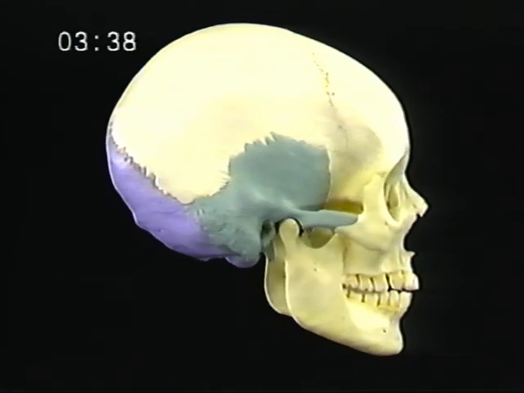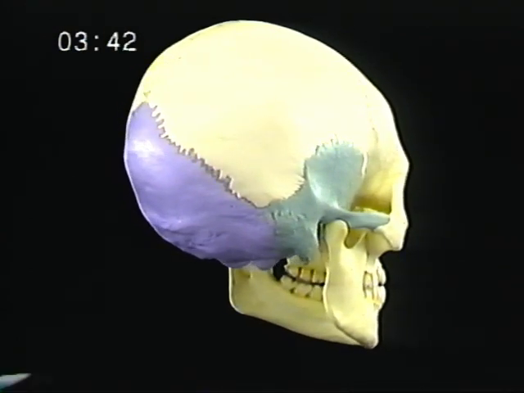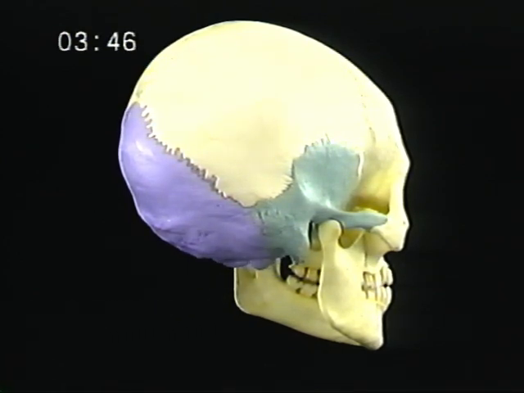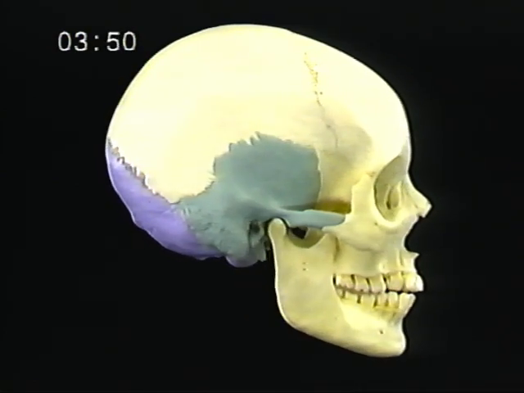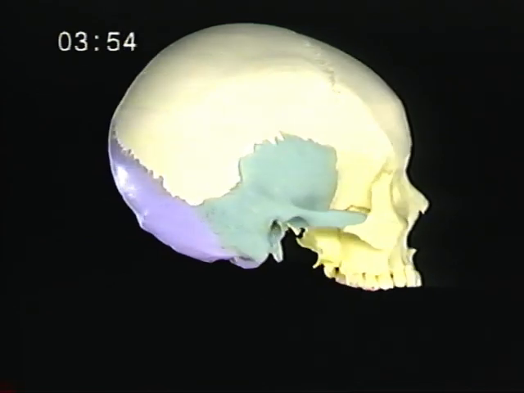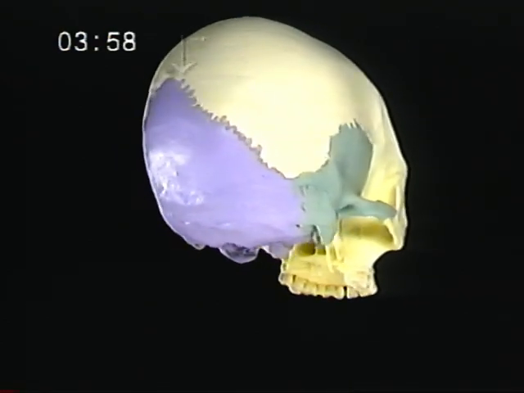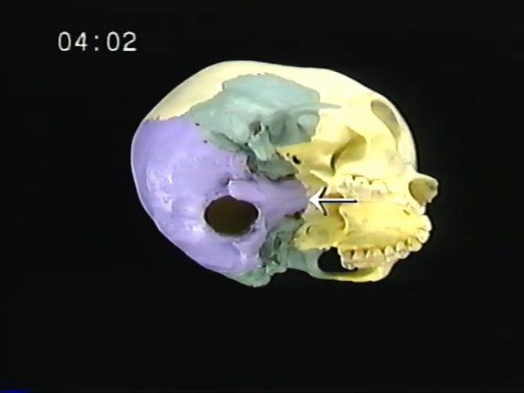The 2 bones of the cranium that we're concerned with at present are the occipital bone and the lower part of the adjoining temporal bone. To see the full extent of the occipital bone, we'll take the mandible out of the picture. The occipital bone extends all the way from here at the back to here underneath.